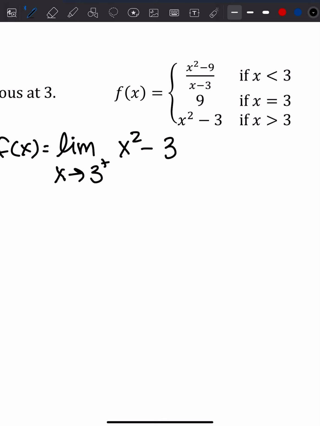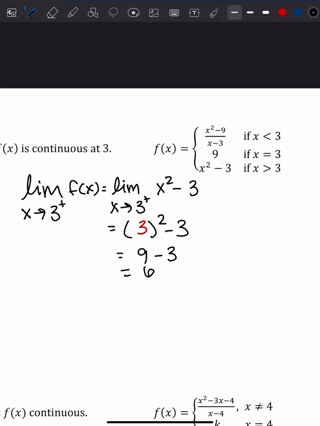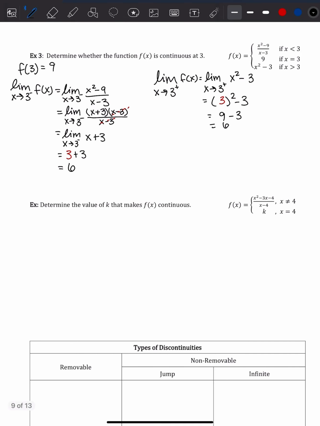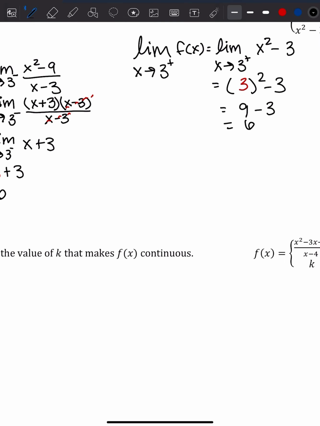Thankfully this one doesn't have any sort of issue, so I'm going to just plug 3 into this function. We get 9 minus 3, which gives us 6. So the thing that we now know is that our left limit and our right limit give us the same thing. This tells us that our limit at x equals 3 exists and it equals 6.